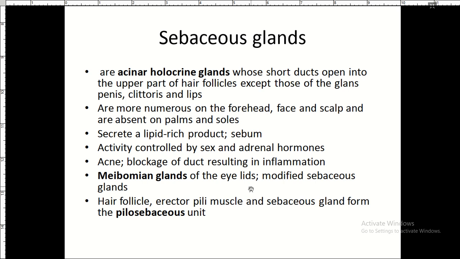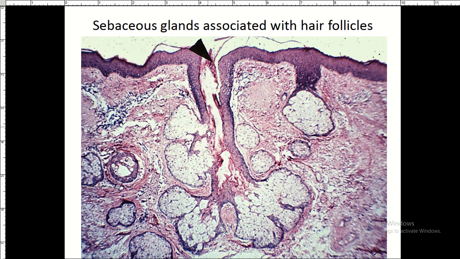Now let's take a look at sebaceous glands. So this is your sebaceous gland. It secretes by the mechanism of holocrine secretion, right? Where the cell secretes its content by apoptosis. As it dies, that's where it secretes its content. That's holocrine secretion.